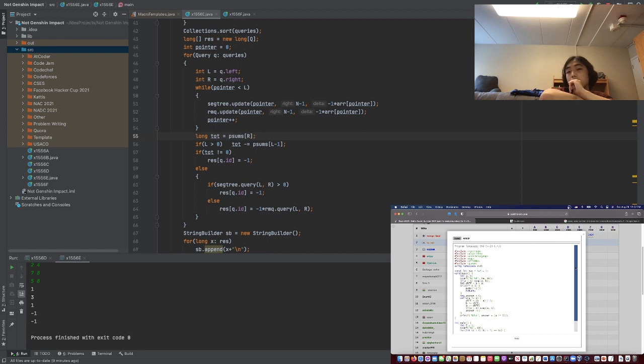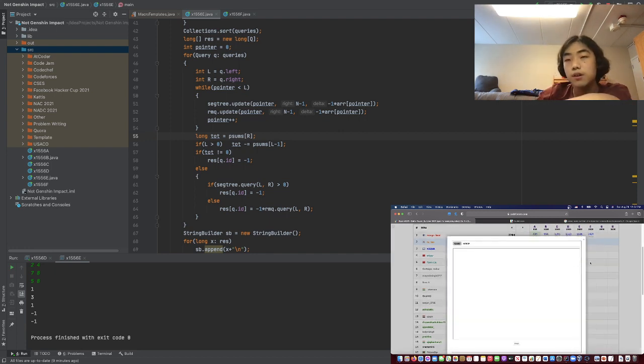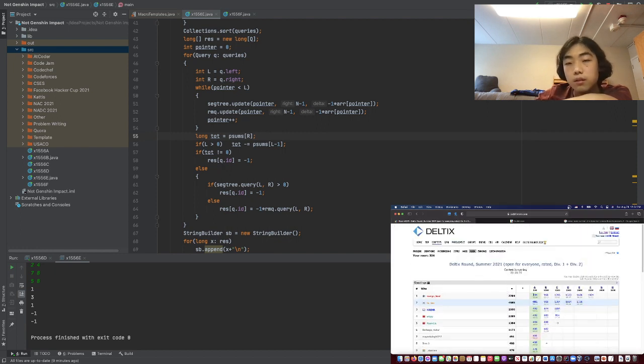We decrease B by the difference. We increase A by the difference. Oh, okay. I see. That actually works. He just did it in a very weird way. Yeah, okay, all these look correct.